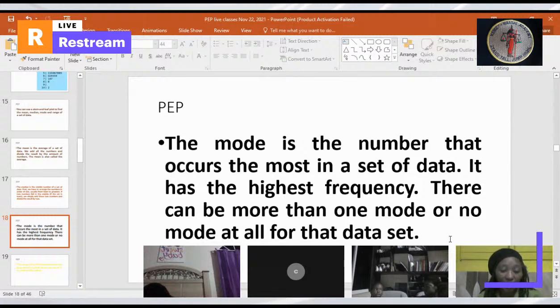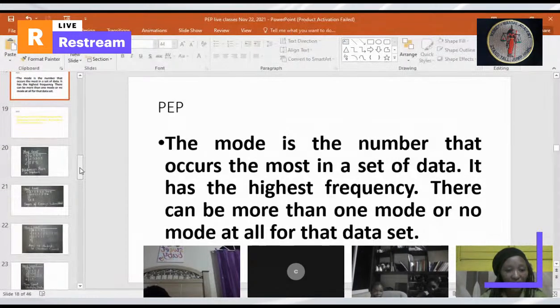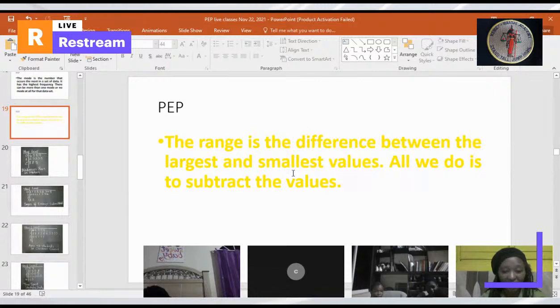There can be more than one mode or no mode at all for that data set. So if you're given a set of numbers, the mode is the number that you see more than the others.